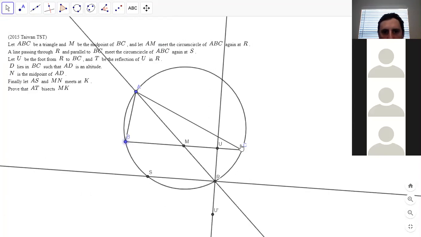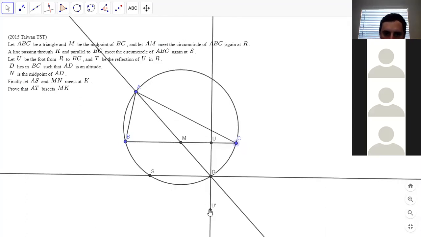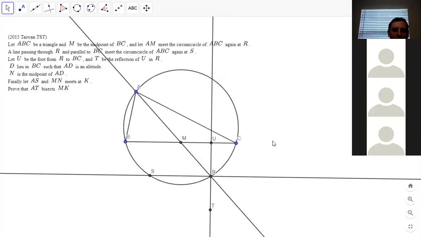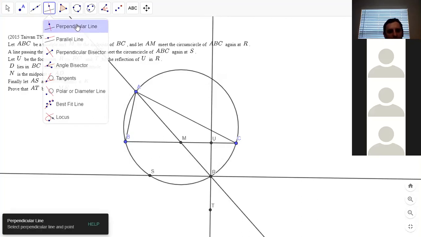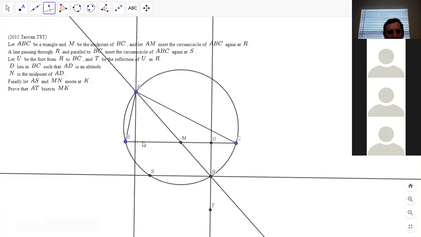Oh, you can see it. So that should be T. But yeah, whenever there's midpoints, I always think symmedians. So we'll see if that works. D lies on, so AD is the altitude. And N is the midpoint of AD.